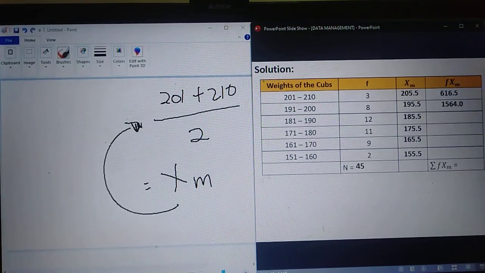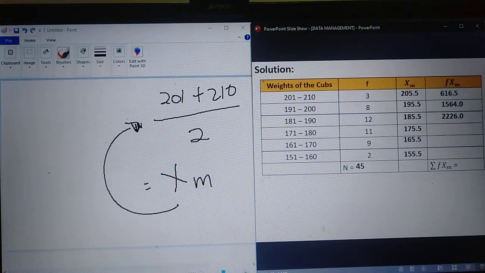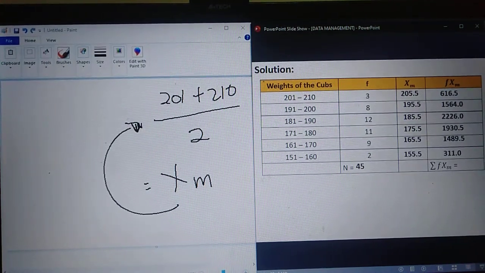And then 12 times 185.5, we can get 2,226.0. And 11 times 175.5, we can get 1,930.5. And then 9 times 165.5, we can get 1,489.5. And 2 times 155.5, we can get 311.